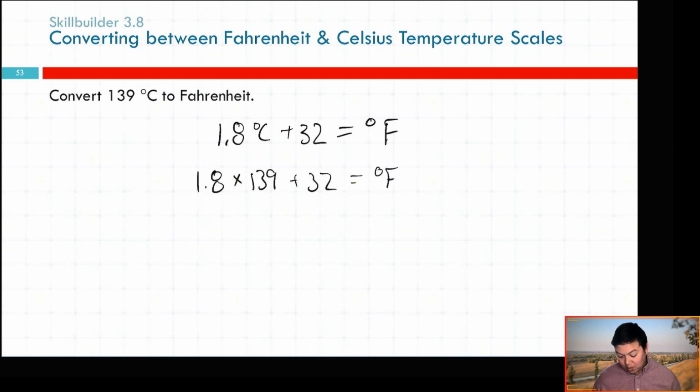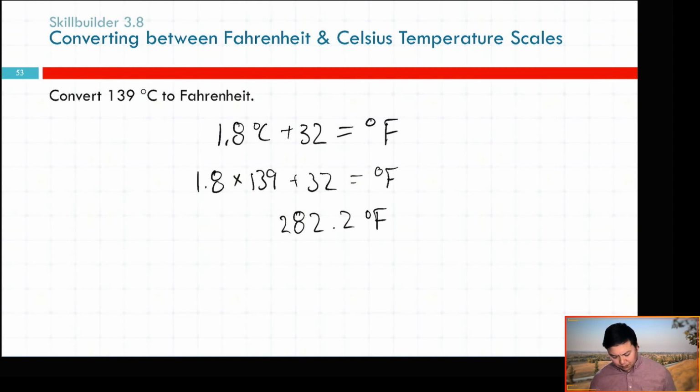Make sure you remember your order of operations here. If you type this in just like it is, it'll work. 1.8, 139, 32 gives 282.2 degrees Fahrenheit.